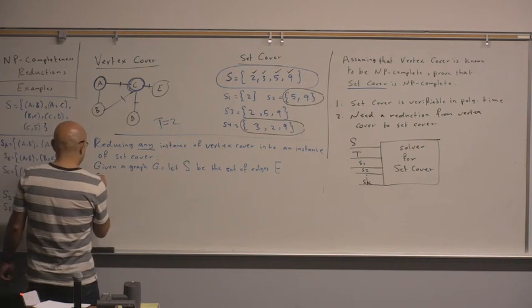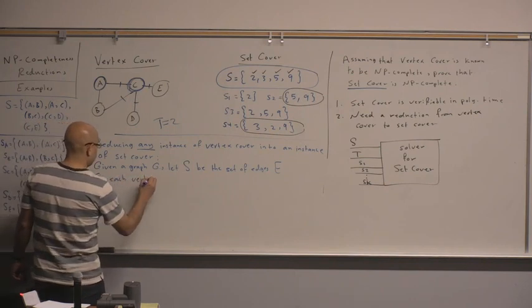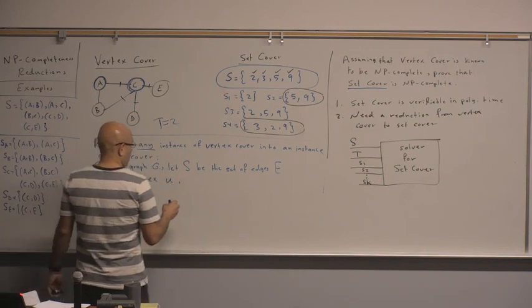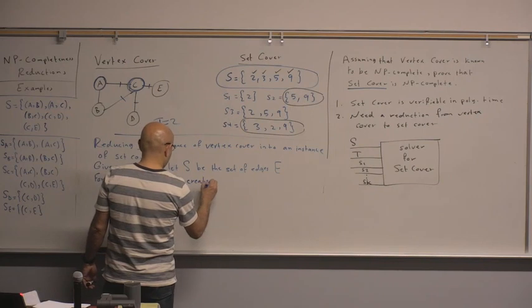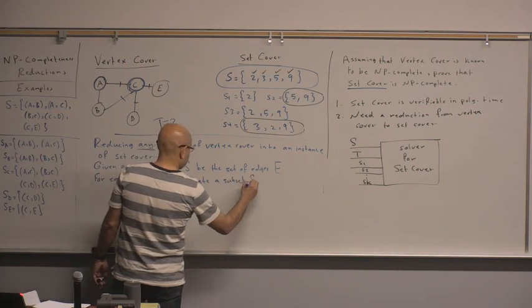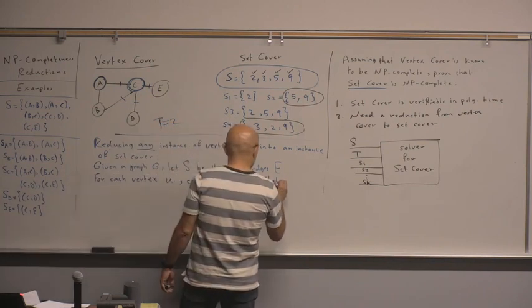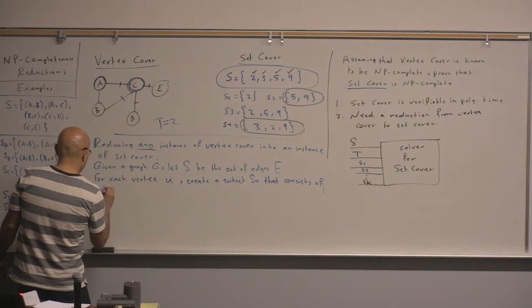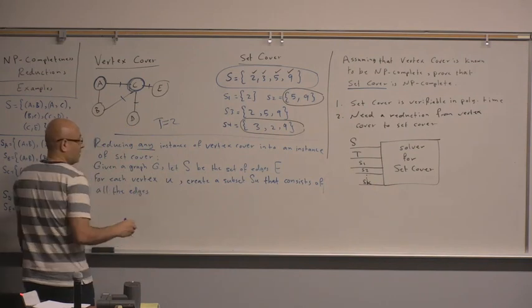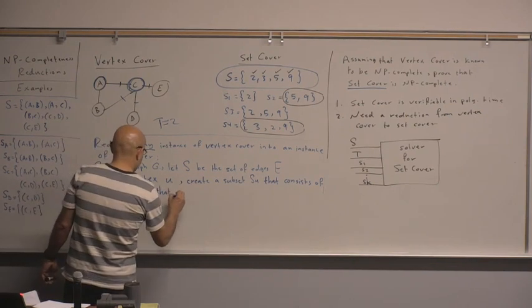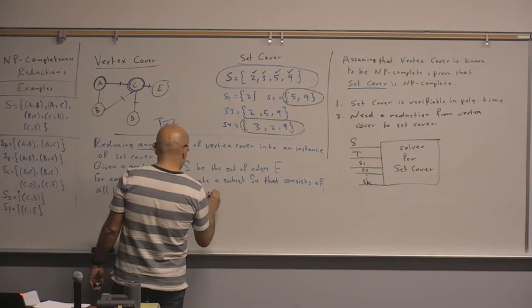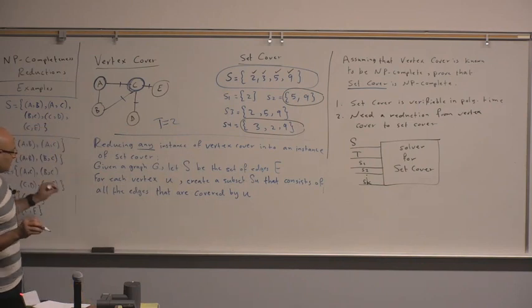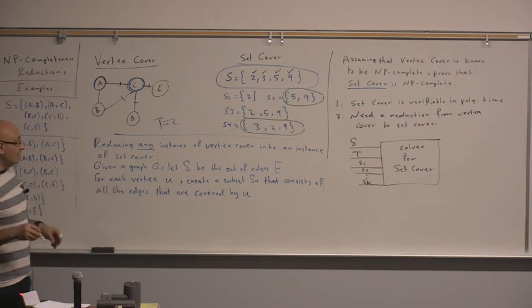And then for each vertex, let's call it U, create a subset S sub U that consists of all the edges that are covered by U.